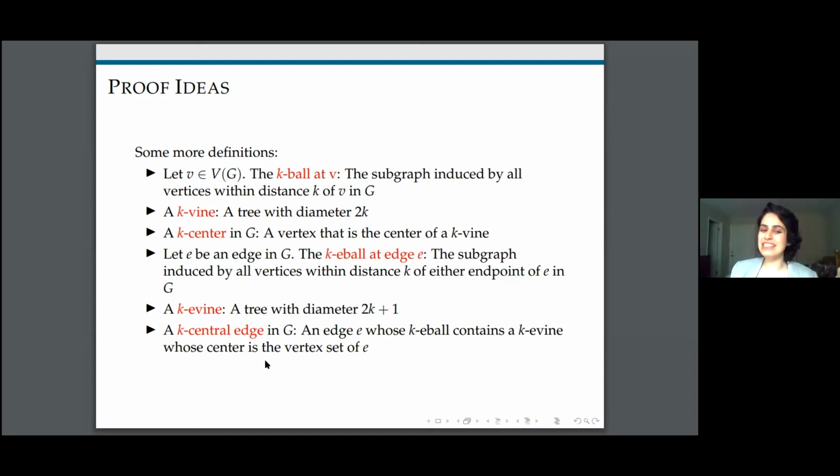And a K-center in a graph is a vertex that is the center of some K-vine. Those are just fancier words for saying that a vertex is a K-center if there is some path with diameter 2K in that graph for which it is the central vertex.